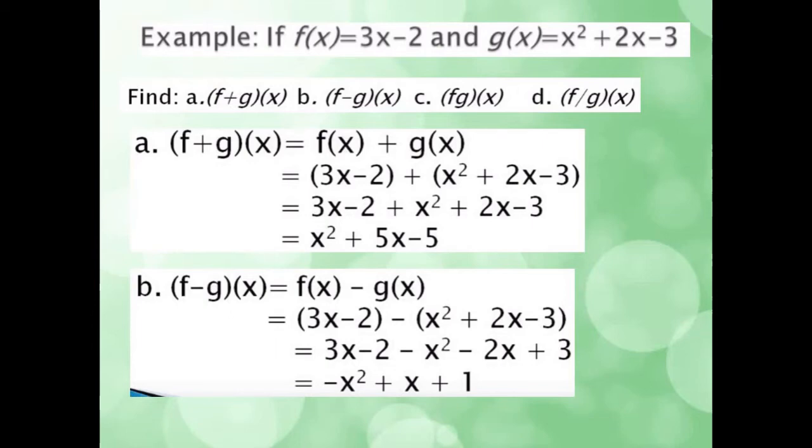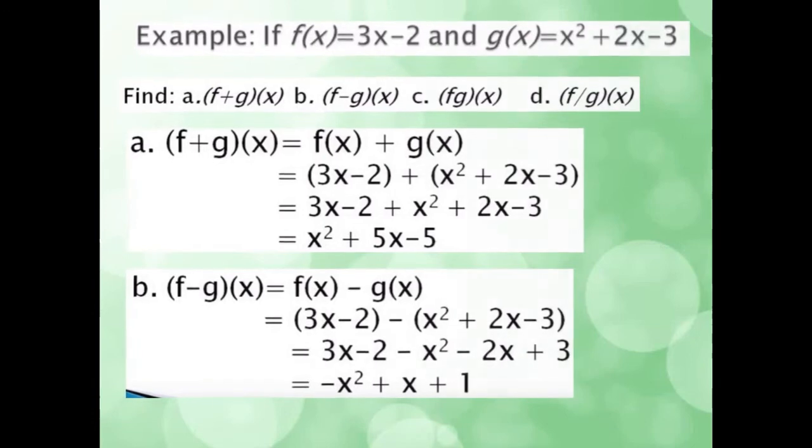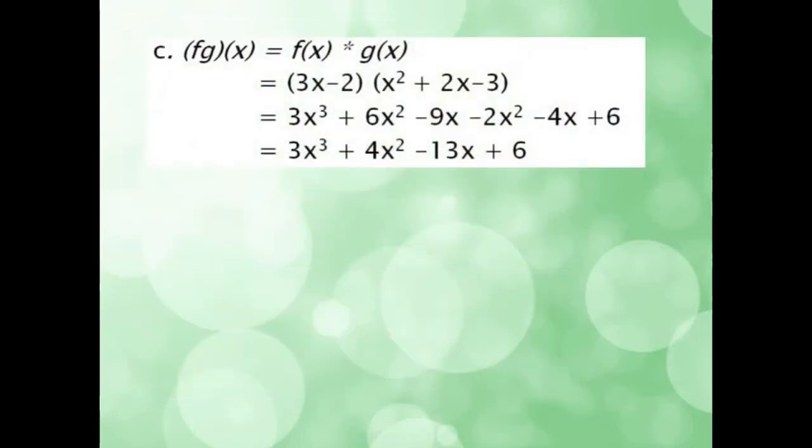Next is (fg)(x). That is equal to f(x) multiplied by g(x). So that becomes (3x minus 2) multiplied by (x squared plus 2x minus 3). Let's get the product of this.